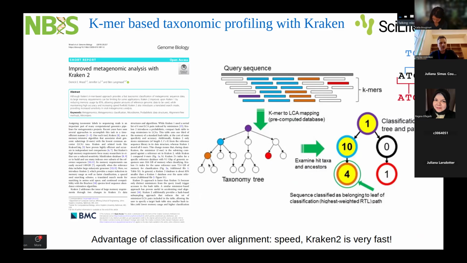It's quite an old tool; I think the first version of Kraken was published in 2014. It's a way to avoid alignment, so it's a pseudo-aligner. You're not doing the actual alignment, but you pre-process a bunch of reference genomes. Imagine that you collected tens of thousands, maybe hundreds of thousands, millions of reference genomes, and then you split all of them into k-mers.